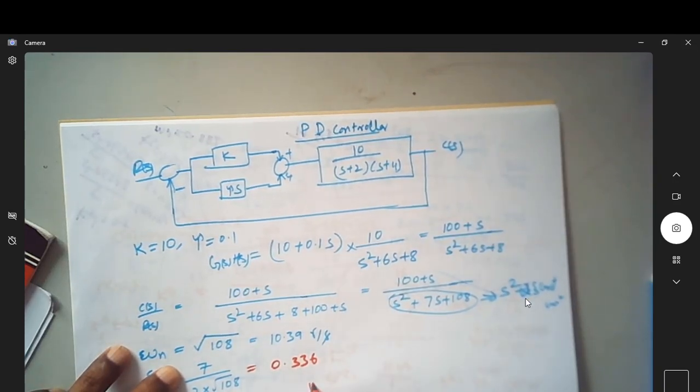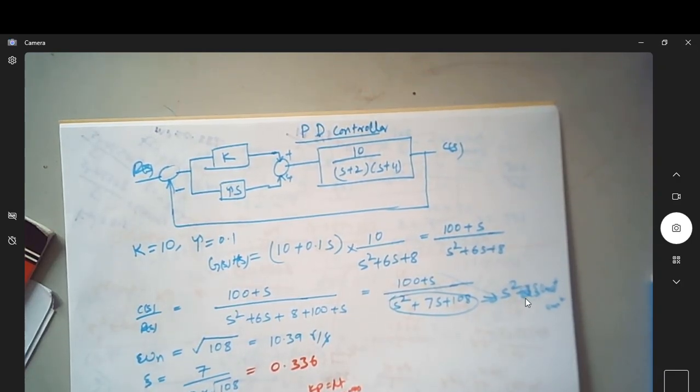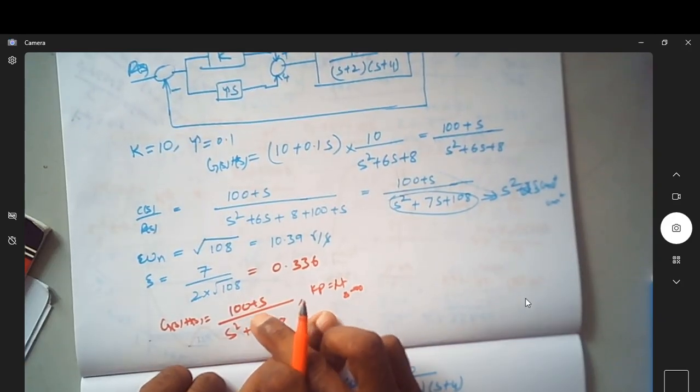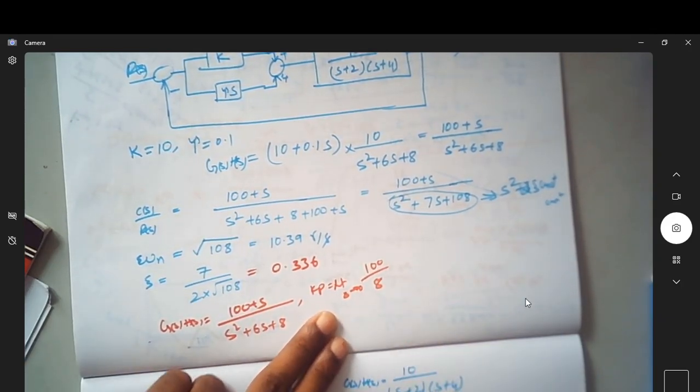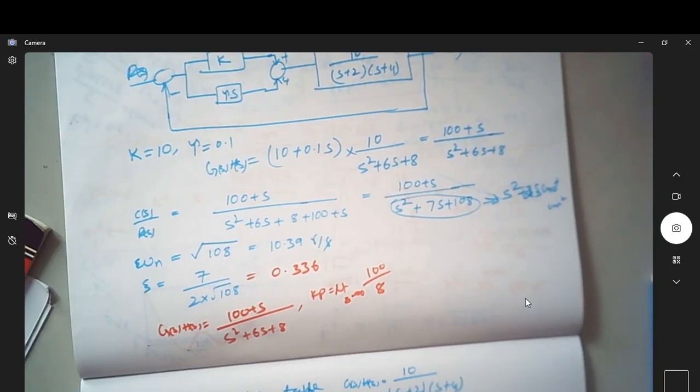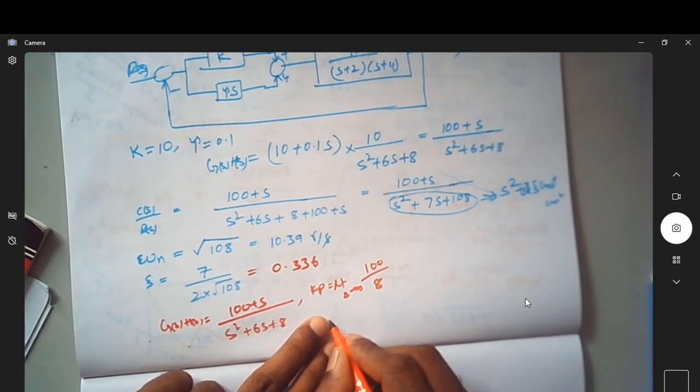I want to find what Kp is. Kp is nothing but the limit of s tending to 0. If you make s tend to 0 in this, is it not 100 by 8? So Kp is equal to 100 by 8. What is ESS then?